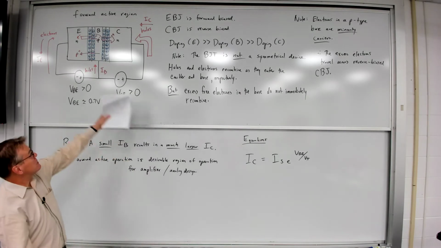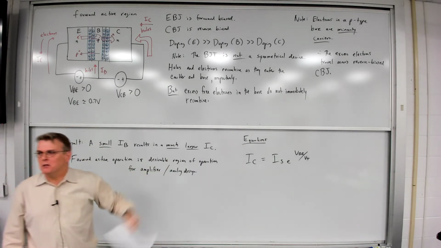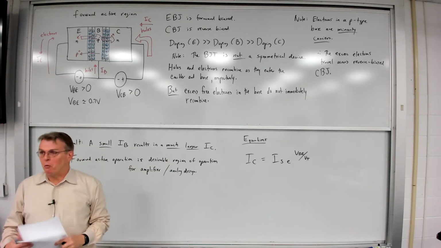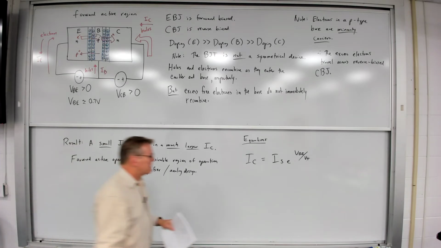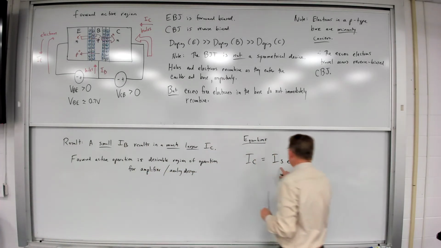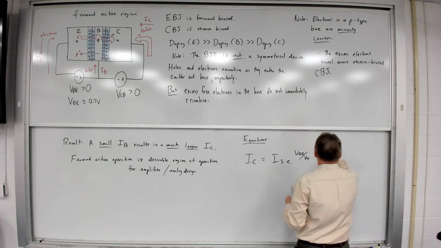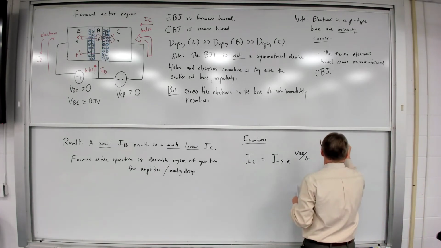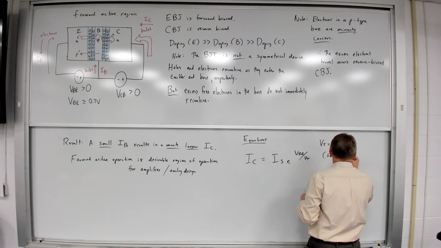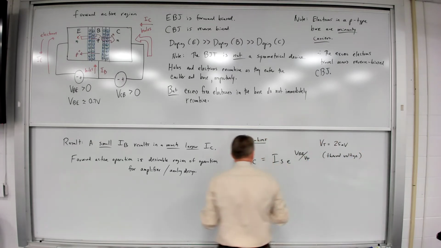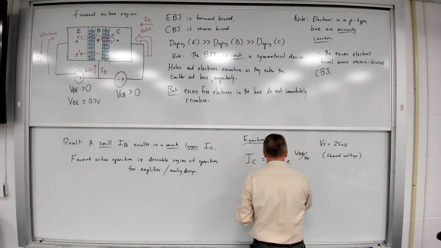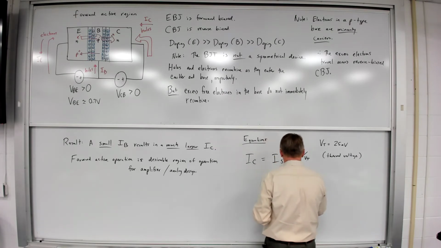And since the base emitter junction is forward biased, we're going to use basically a form of the same equation. Except in this case, IC is equal to IS, e to the VBE over VT. VT, of course, is once again 25 millivolts. It's our thermal voltage. That is not different. I sub S is our saturation or scale current.